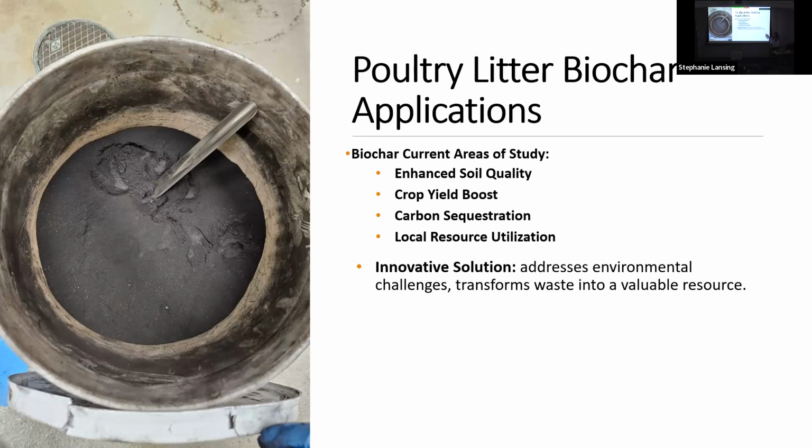Some ongoing applications of biochar currently are looking at enhancing soil quality and crop yields, as well as sequestering carbon and utilizing local resources. In our case, we're utilizing the resources from about 2-3 hours away in the Lower Eastern Shore.